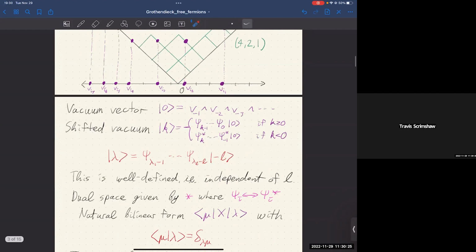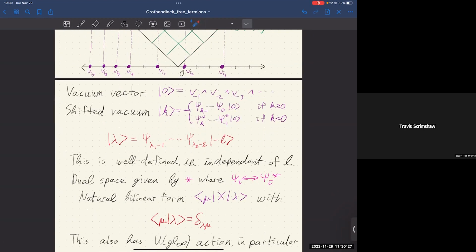And this is well defined in the sense that, well, if I add zeros to the partition, that means I'm changing this value L that we see up here, but it doesn't change the actual vector in our fermionic Fock space.